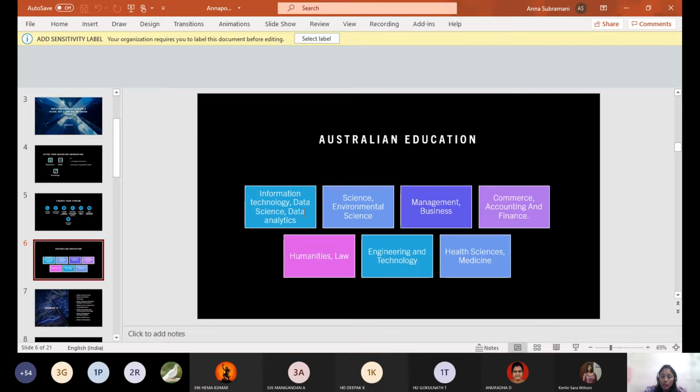STEM is always in demand in Australia. Even if you're thinking about getting permanent residency and settling in Australia, the STEM field is the one that is never removed, and PR is granted for those people.